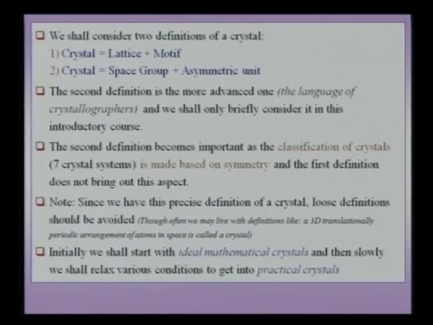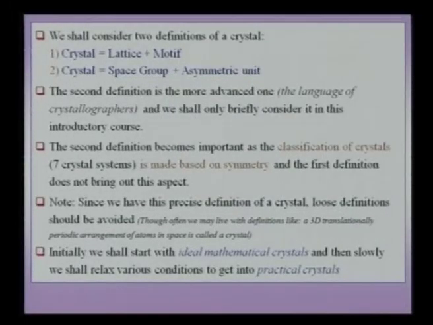The second definition, which is based on symmetry, becomes important especially when you are trying to classify crystals, and in one of these classifications we will consider that there will be 7 types of crystal systems. And once we have defined a crystal in a rigorous form, the way we have said here, we should typically avoid loose and improper definitions of a crystal, as this can lead to a lot of confusion.